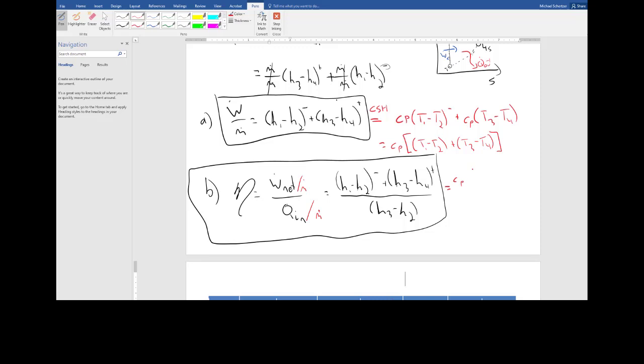Is CP times T1 minus T2 plus T3 minus T4 divided by CP times T3 minus T2. The specific heats actually cancel in my thermal efficiency, so I really don't care what CP is for part B. All I need are these temperatures.